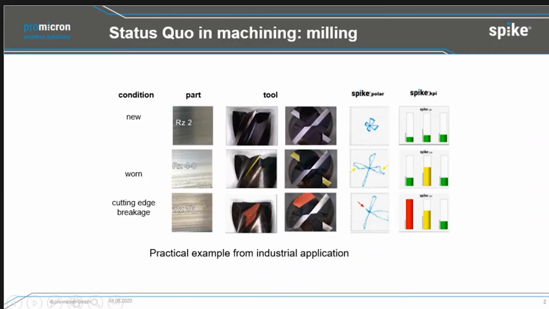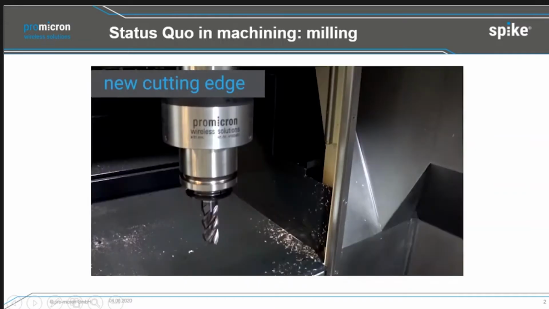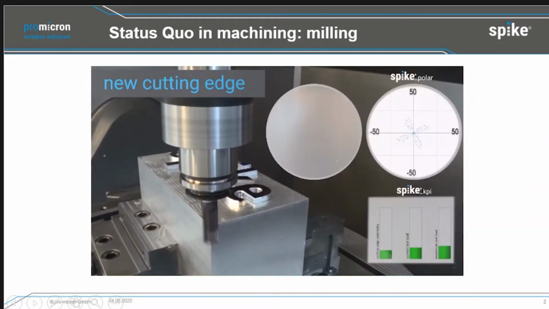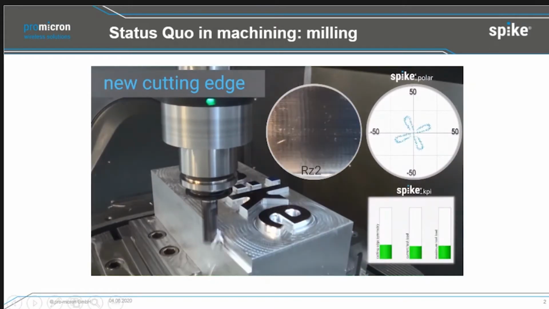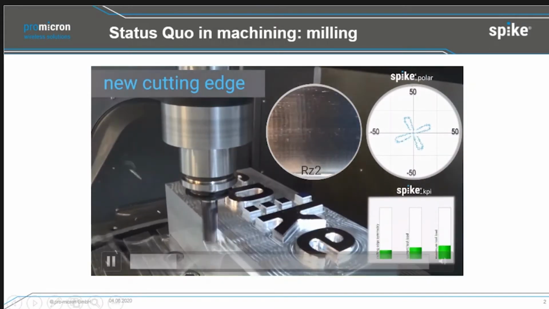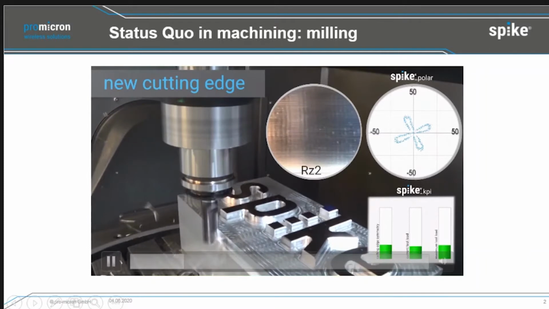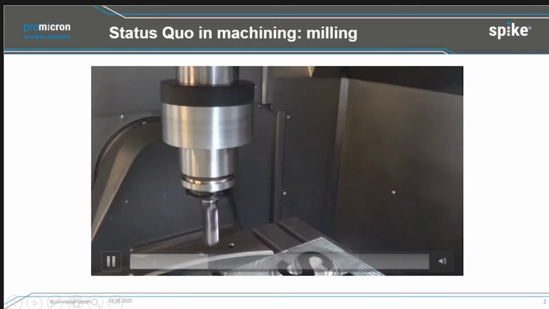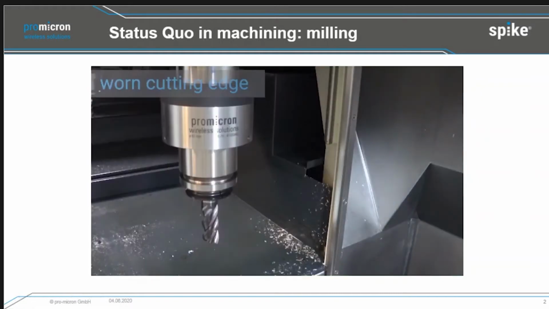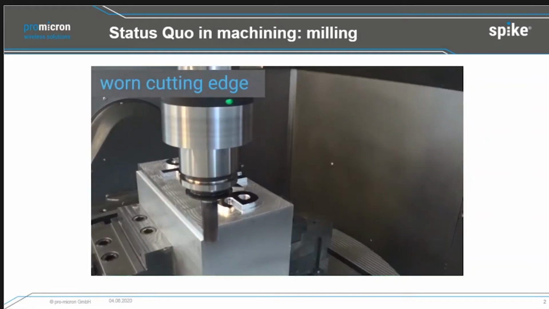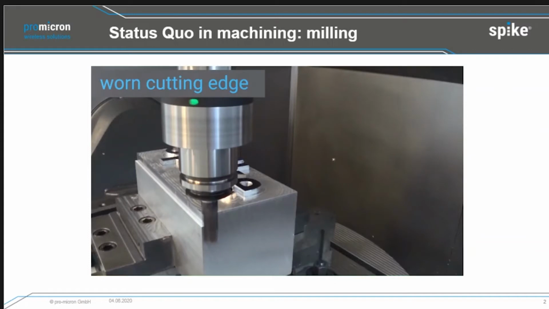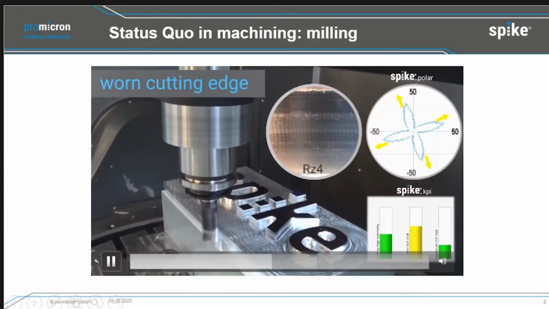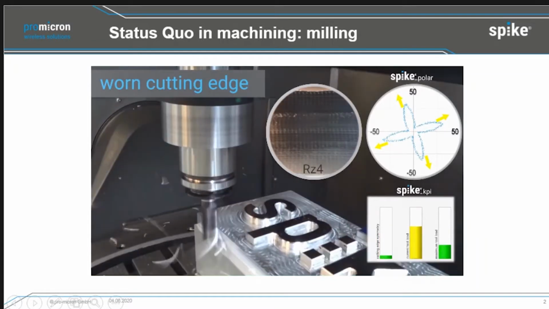How would this look in a machining operation? We have, again, a new cutting edge. In the process, we can see the Spike Polar directly, and just in time we are able to analyze our Spike KPIs. If we insert a tool with a worn cutting edge, we again see the Spike Polar during operation and calculate our Spike KPIs live.